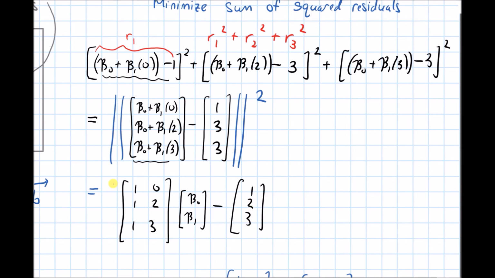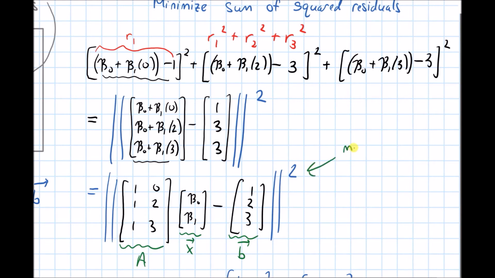So we want to minimize the length of this squared. This matrix right here, let's call this A. This vector, I'll call it X. And this other vector, the 1, 2, 3, I'm going to call that B. So what we're trying to do is minimize the distance between B and A times X. And that is a least squares problem.